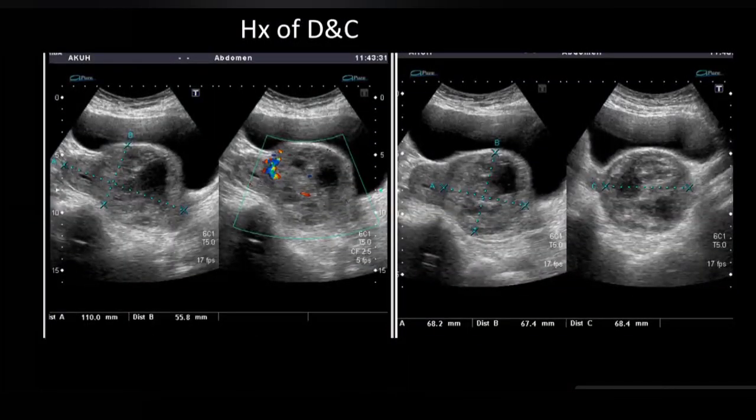So this patient had a history of D&C. Per abdominal ultrasound examination, we see an abnormal heterogeneous area in the anterior myometrium. When we put on Doppler, no significant flow is seen.